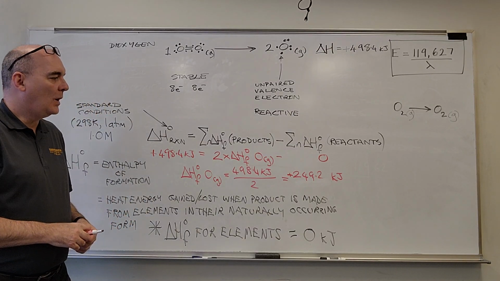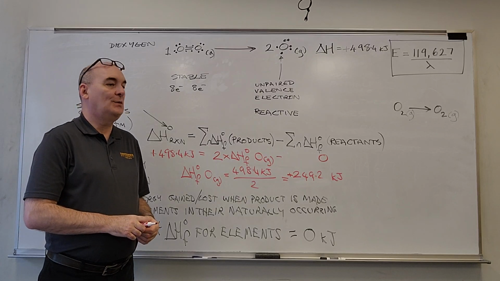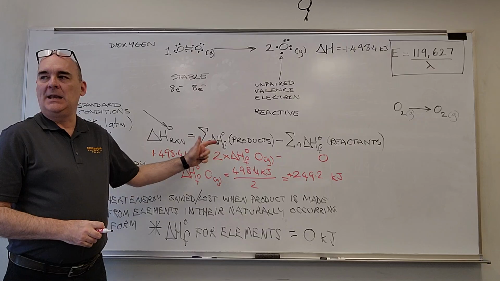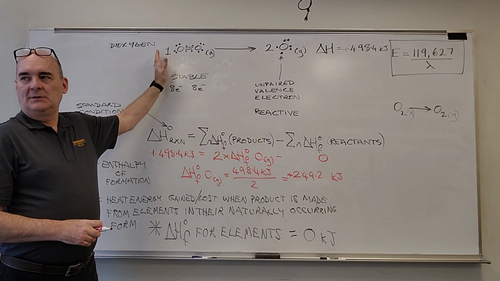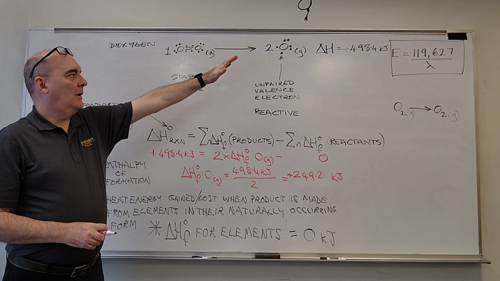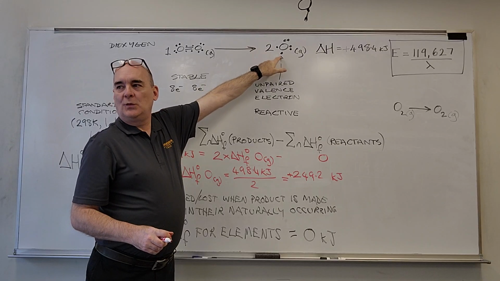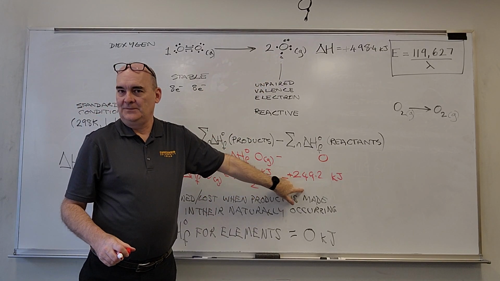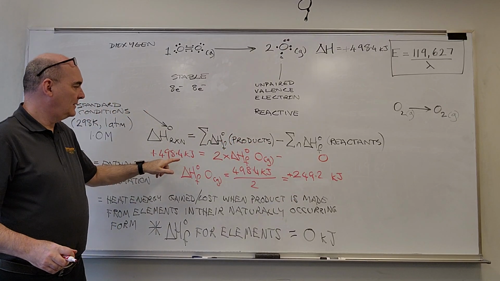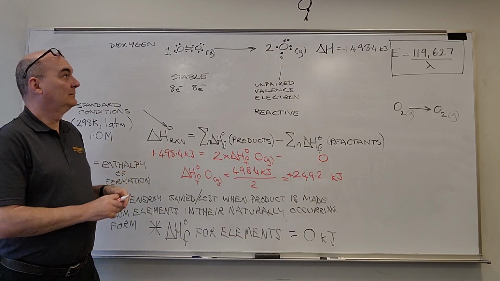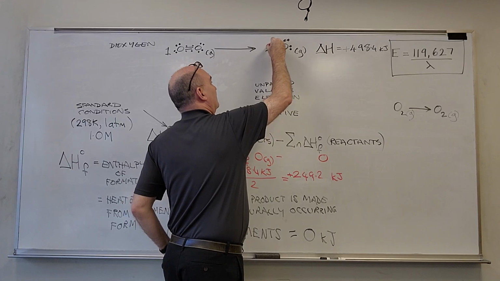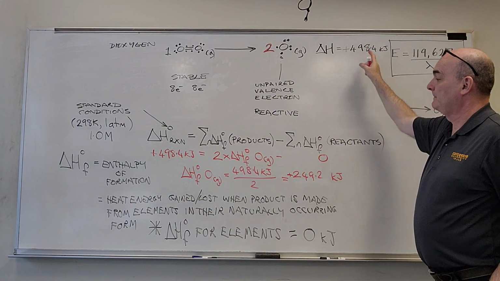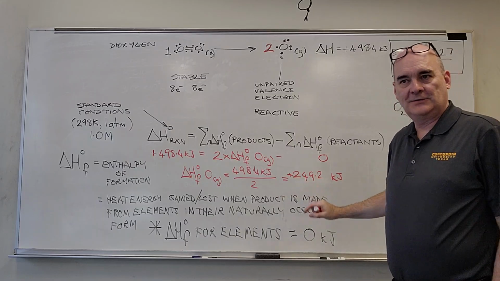This is 249.2 thousand joules of energy being taken in order to split oxygen into O, and each individual O is worth this much. 2 of them together is worth this much. 2 of them gives you that number. 1 of them gives you this amount.